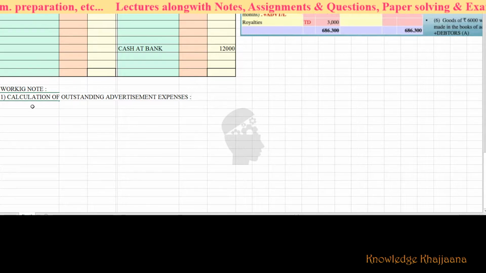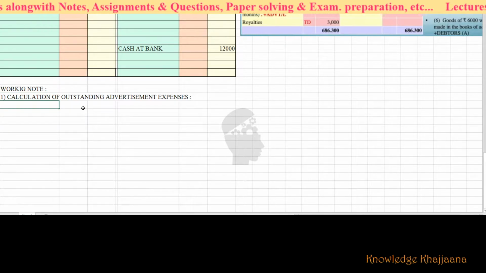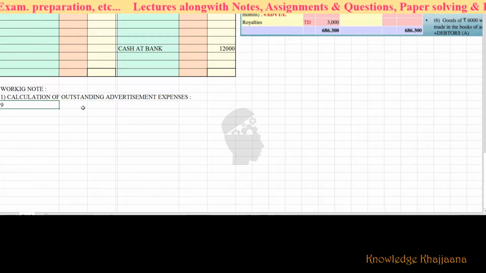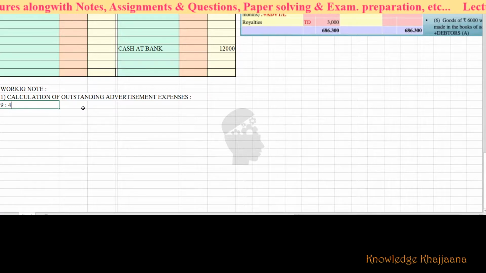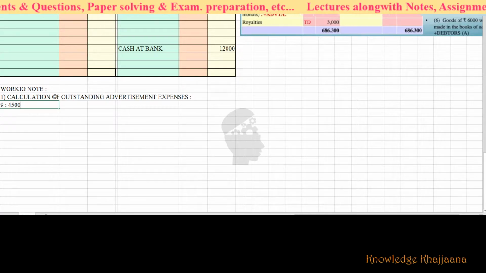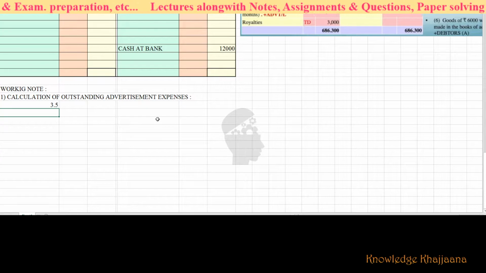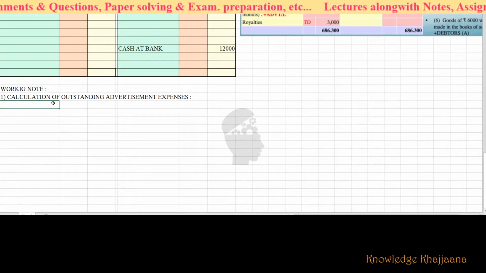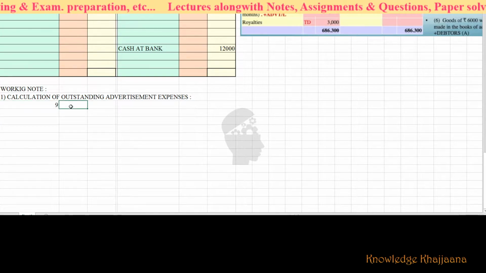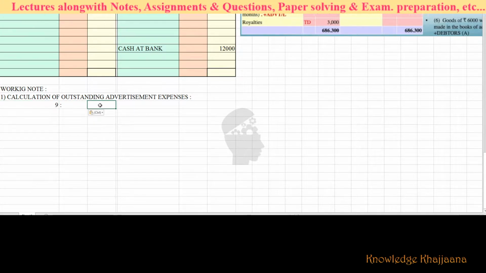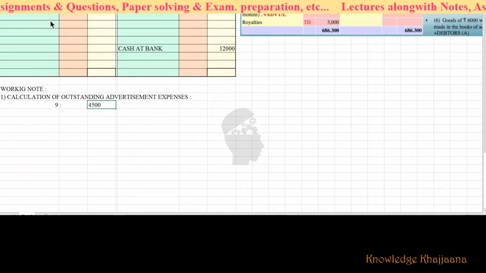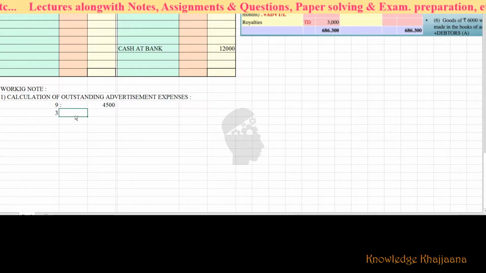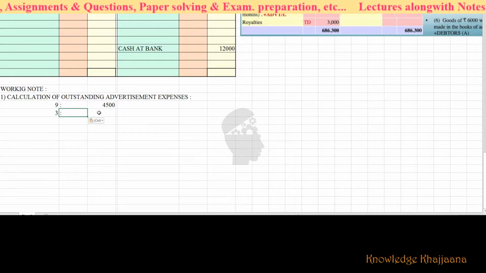We'll do. See, how much were the advertisement expenses for 9 months? For 9 months the advertisement expenses were rupees 4,500. Then what is the amount for 3 months? For 3 months we have to calculate.